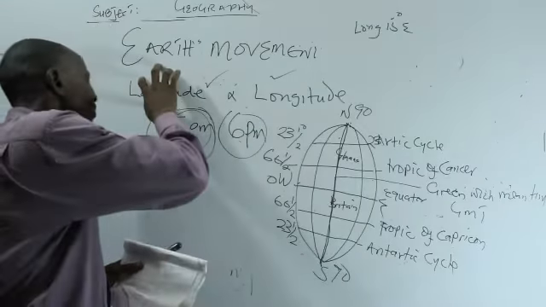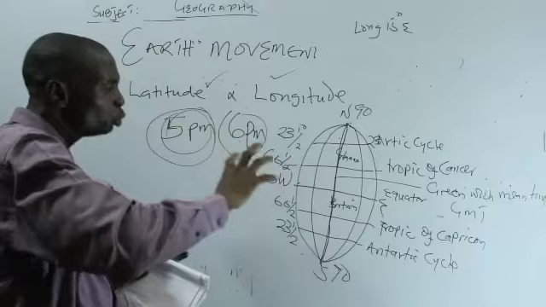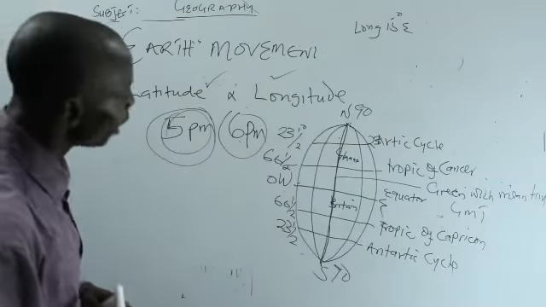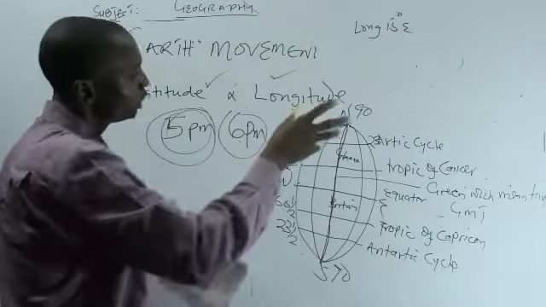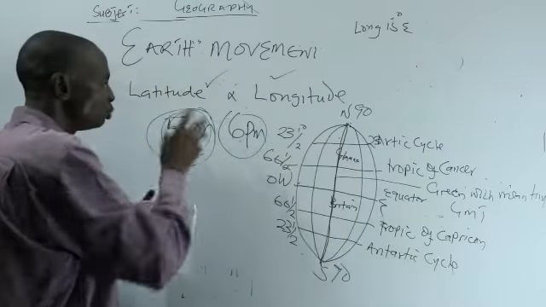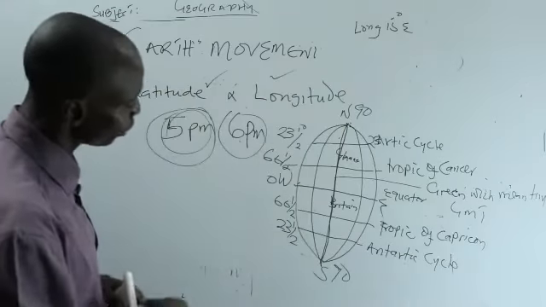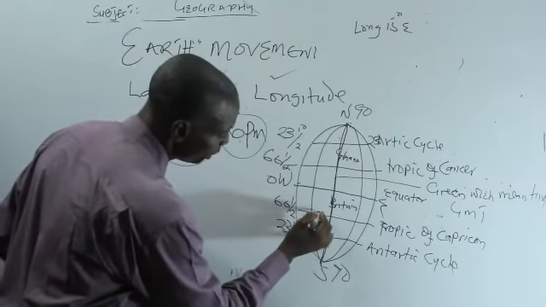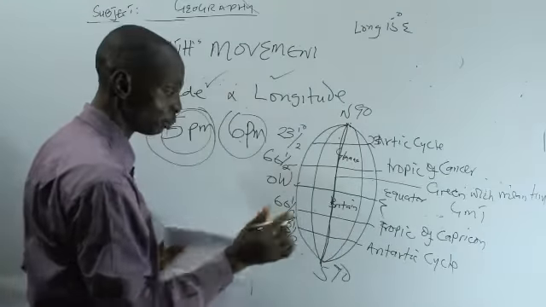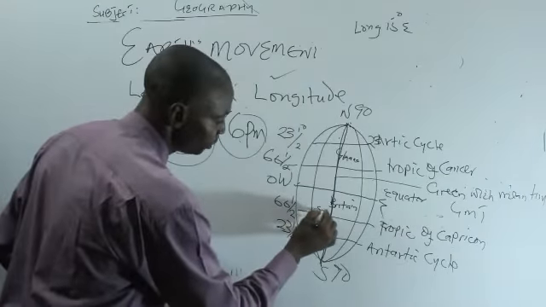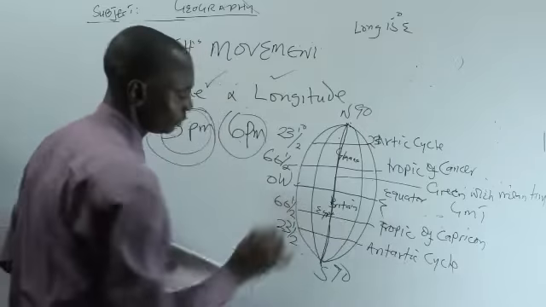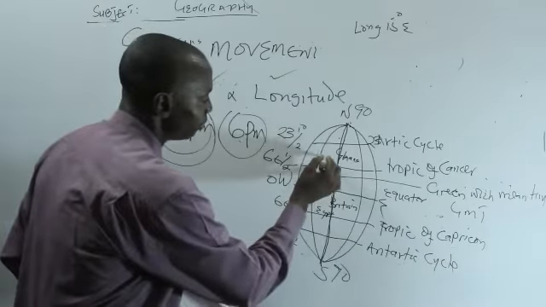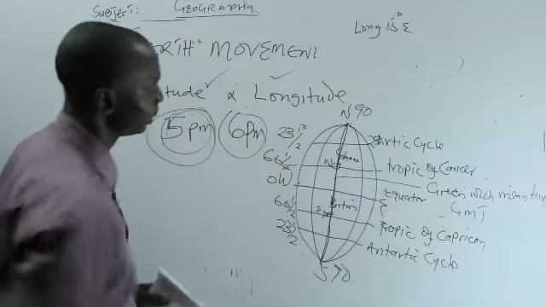Then when we talk about latitude, it is used to calculate distance on the map. Now, longitude is for time, latitude is for distance. For instance, I'm citing an example. Let's say Egypt is here, and Nigeria is here.